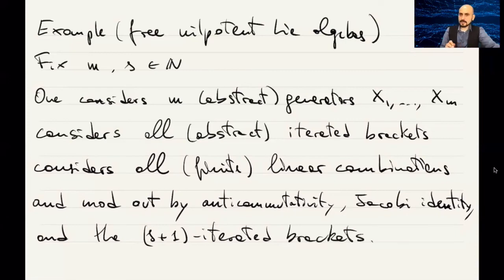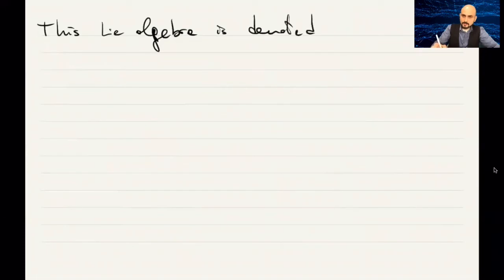Okay. Let's see an example. But okay, let's give a name to this Lie algebra. This Lie algebra is denoted by F_{m,s}. So m generators, step s.